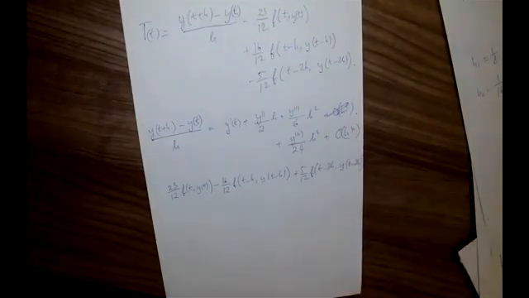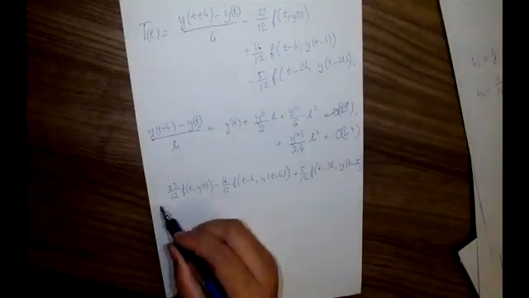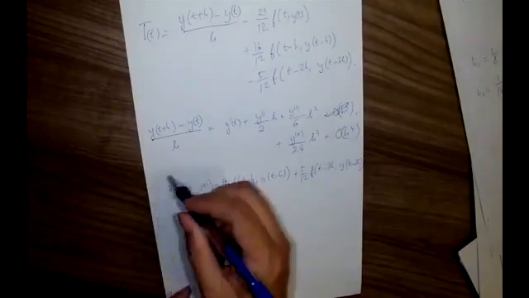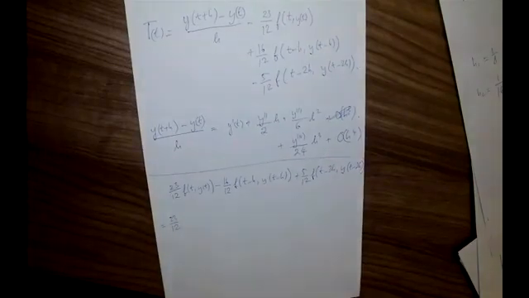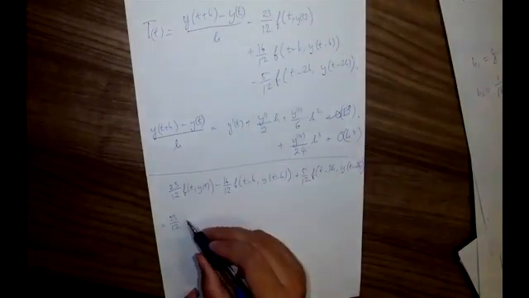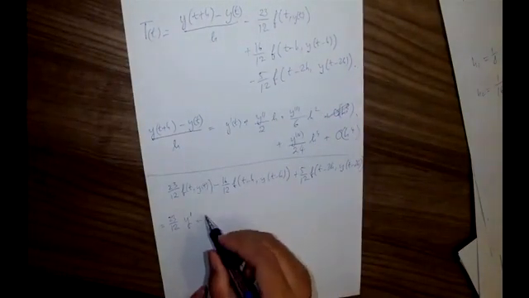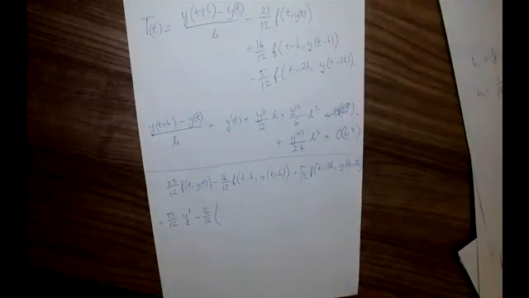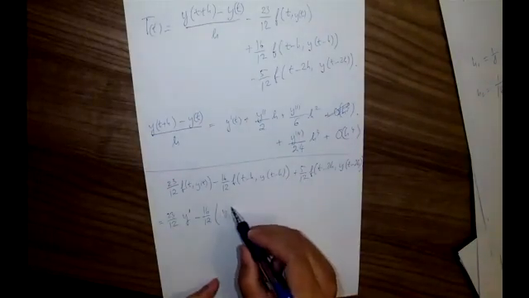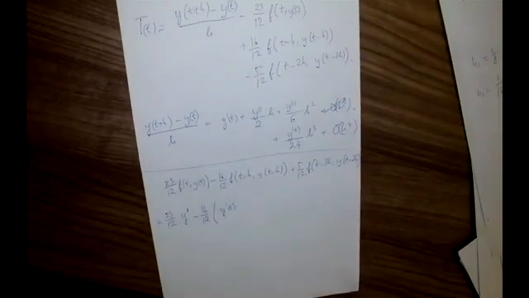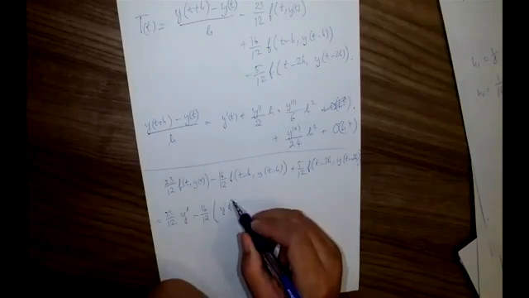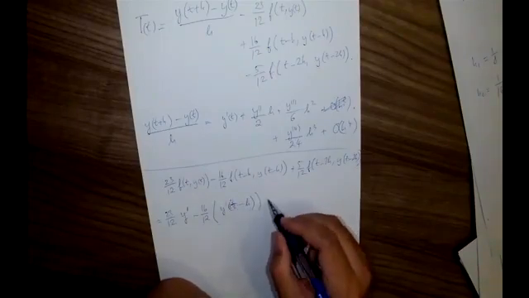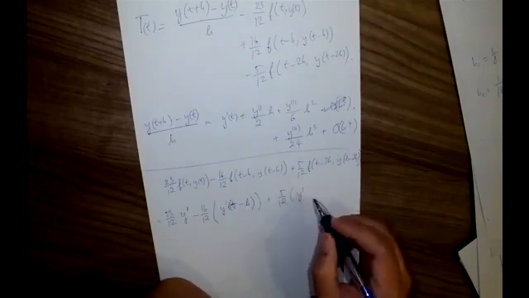So now you see Taylor expansion, right? This one is the right hand side. So this one will be 23 over 12 y prime, because f equals y prime. And here you have 16 over 12 y prime at t minus h, and then 5 over 12 y prime at t minus 2h.